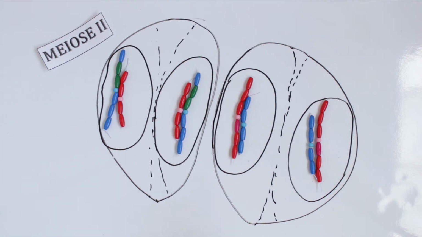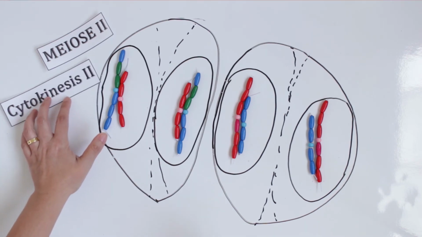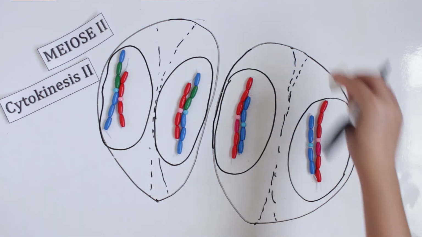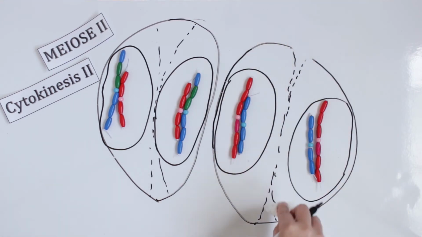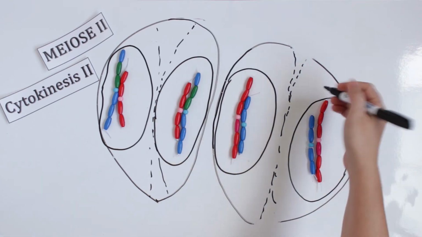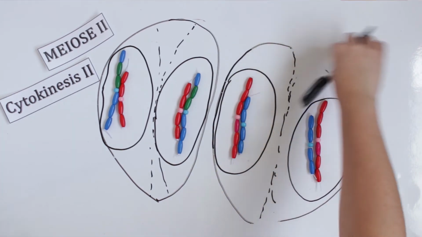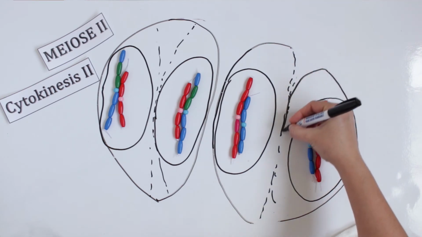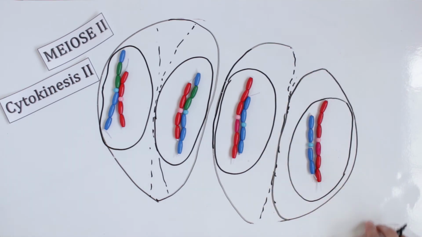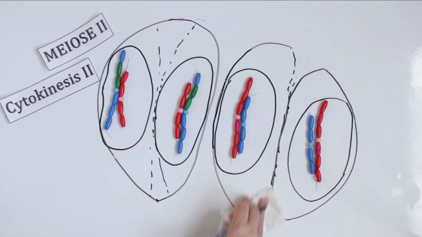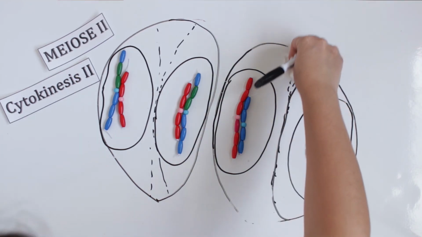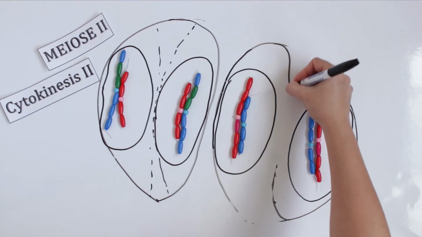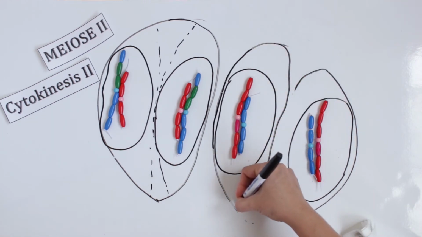And finally, I finish with the cytokinesis. What happens in cytokinesis? The complete cleavage. So my cell will completely separate in two. Here I have one. Another one.